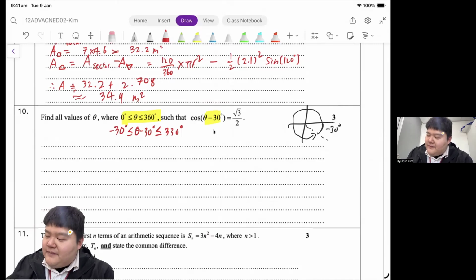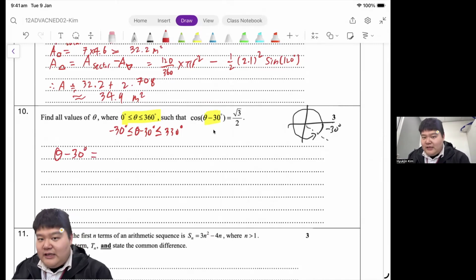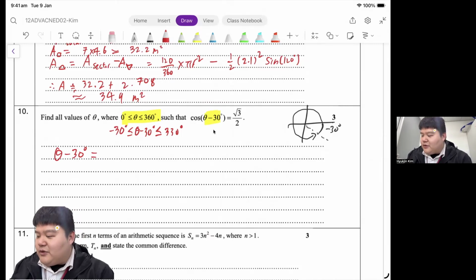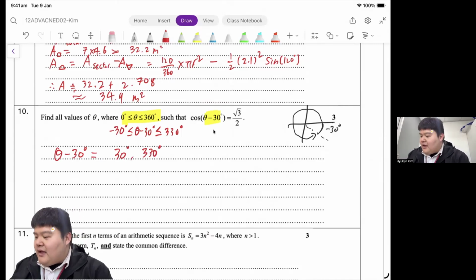Now, if I have cos of theta minus 30 degrees is root 3 on 2, that means theta minus 30 degrees is a related acute angle in the first quadrant and then the last quadrant. So that means I would go for 30 degrees, 330 degrees. Here's a problem.